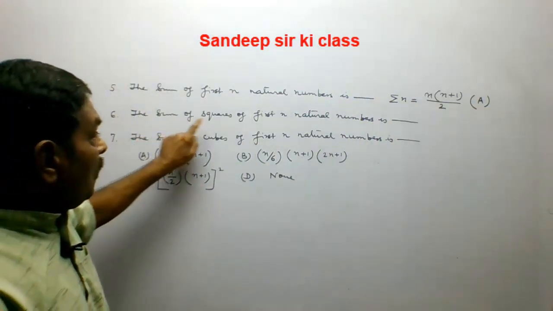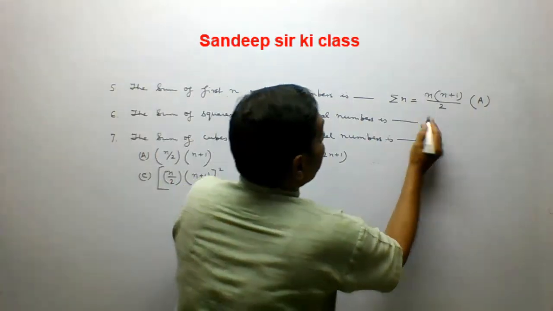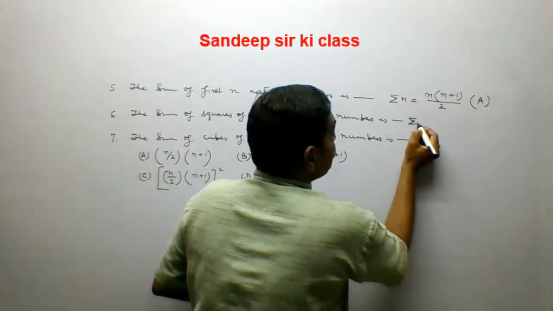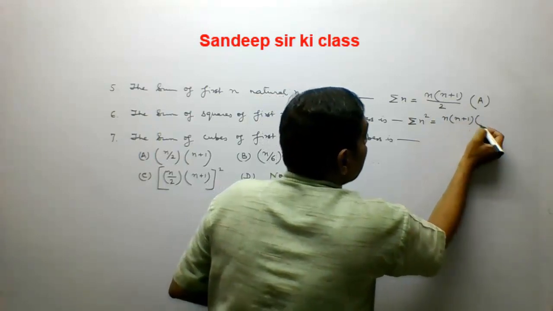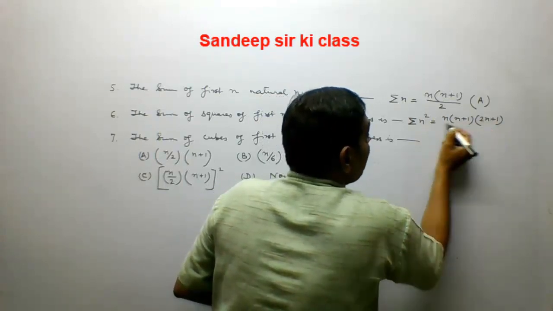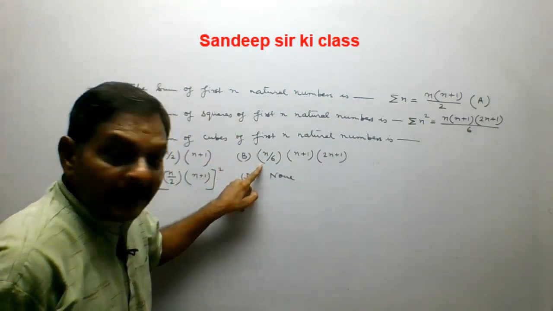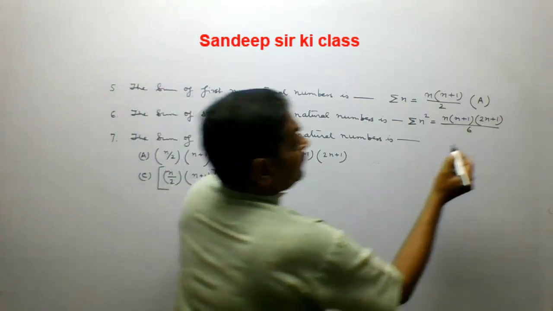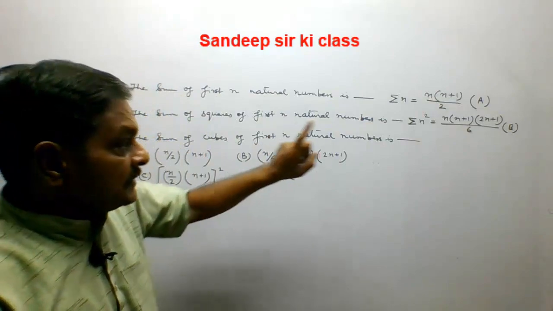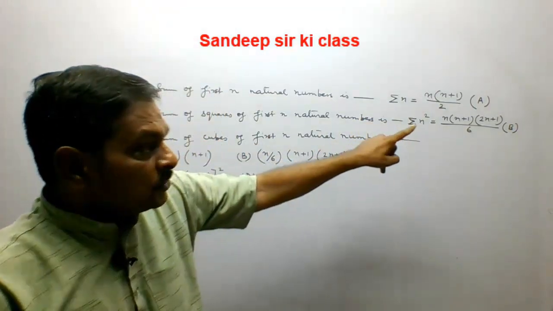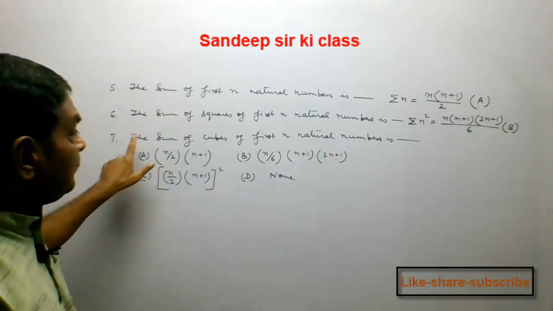Now the sum of squares of first n natural numbers is denoted by sigma n square. This is given by n into (n plus 1) into (2n plus 1) upon 6. So option B here is the correct answer. Question number 7.